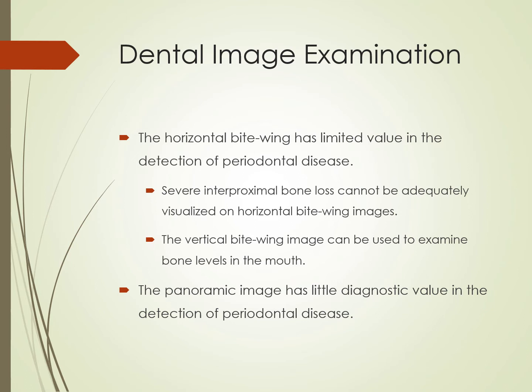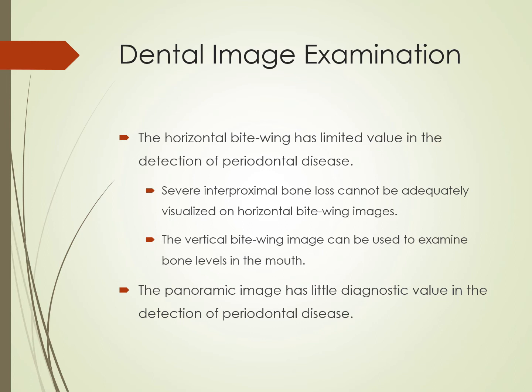But your book talks about using it more as a checking up, like after they've had treatment, kind of image examination, versus using it as your initial one. Which we've talked about, the first time your patient comes in, you take an FMX, and then you highlight them for, okay, next time we're taking vertical bite wings on them instead of horizontal bite wings.